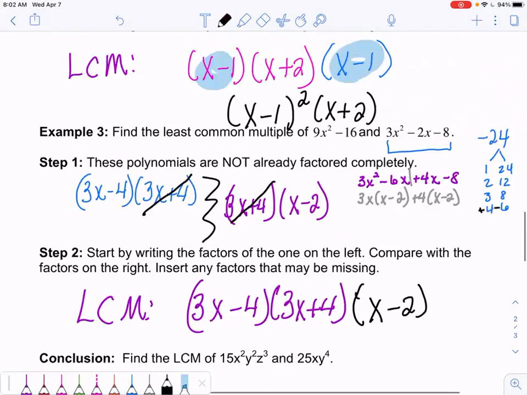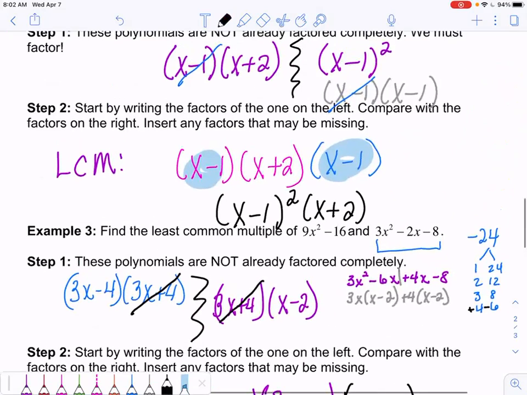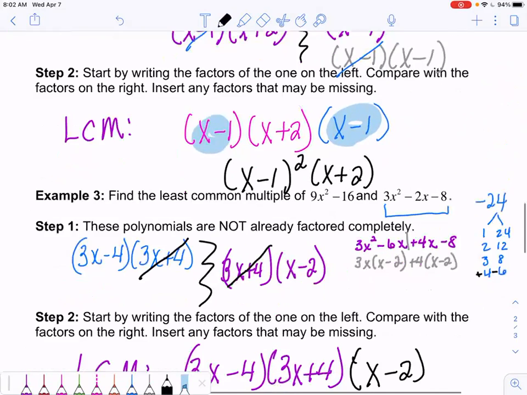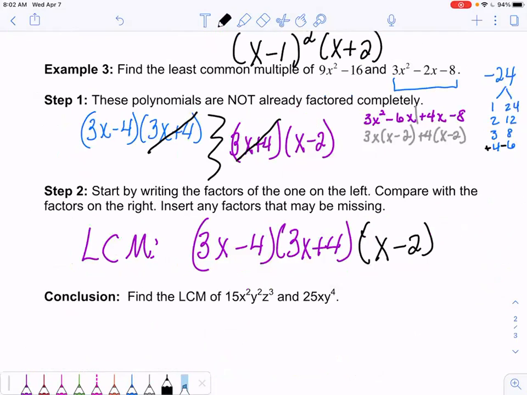So just like the one above, the x minus 1 was there, but not that leftover factor. So anything that's left needs to go in the least common multiple. Anything that remains needs to become part of the least common multiple.